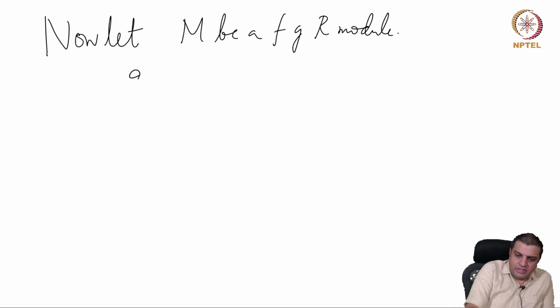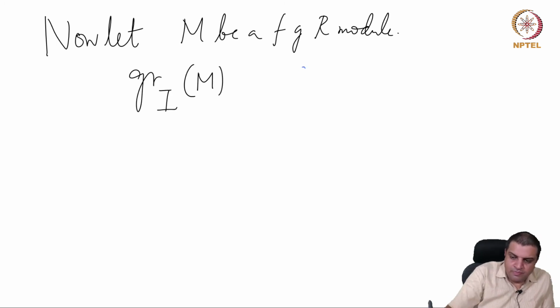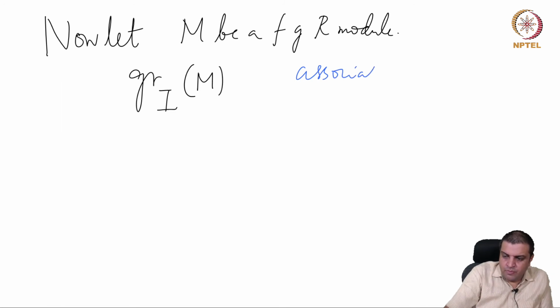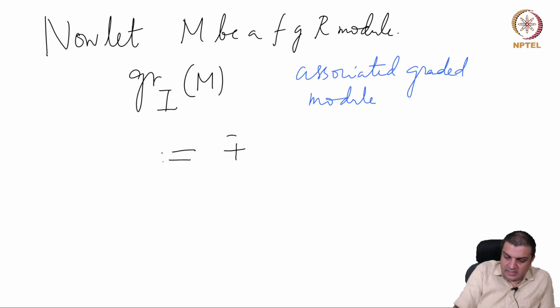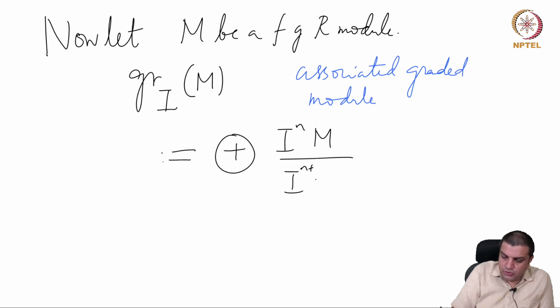Then we can construct the corresponding associated graded module, given by the direct sum of I^n M modulo I^(n+1) M, with n greater than or equal to 0.